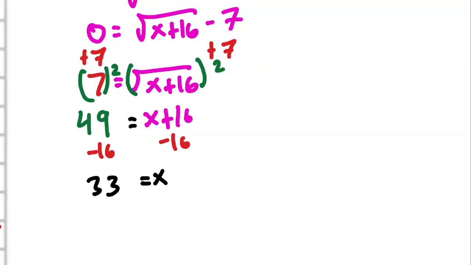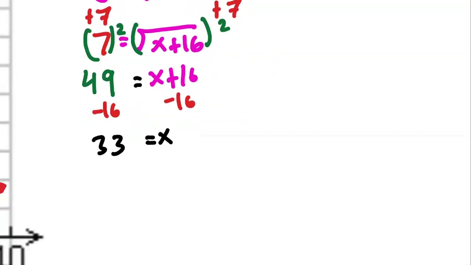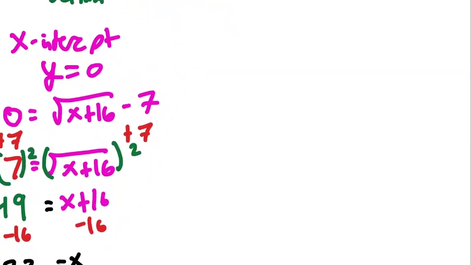Now it might ask you to write it as x equals 33, or it might actually just ask you to write it as a coordinate. So 33 comma 0. Any questions so far? Okay, so that's the x-intercept.